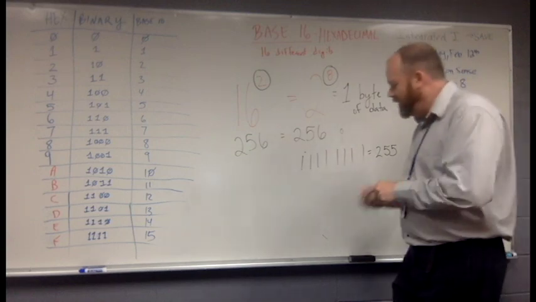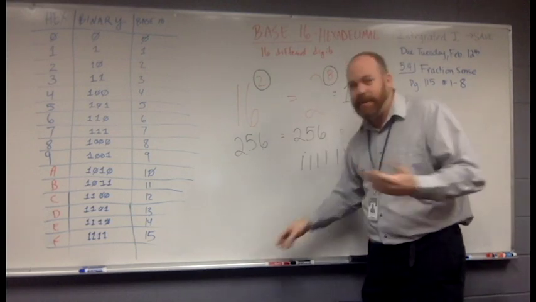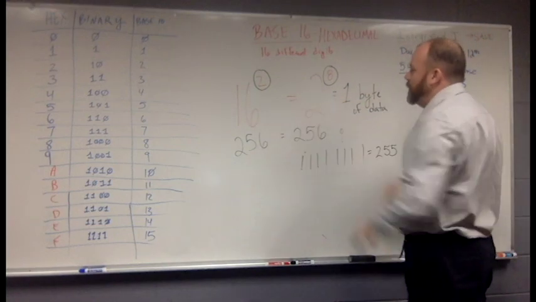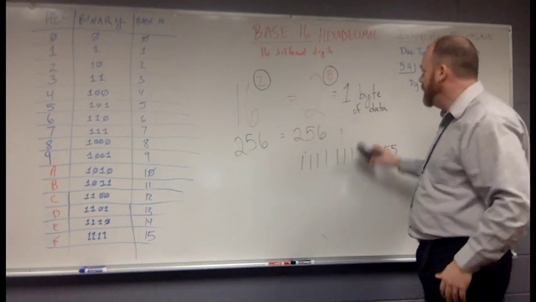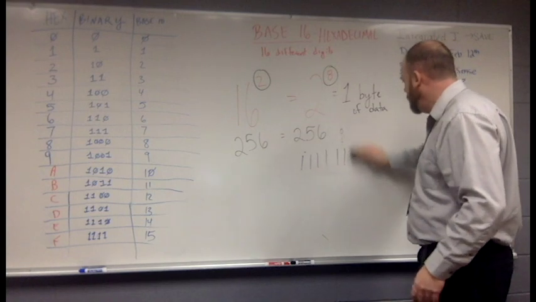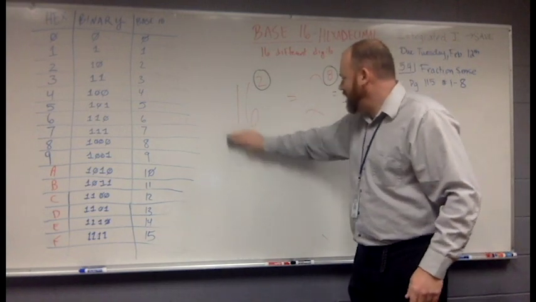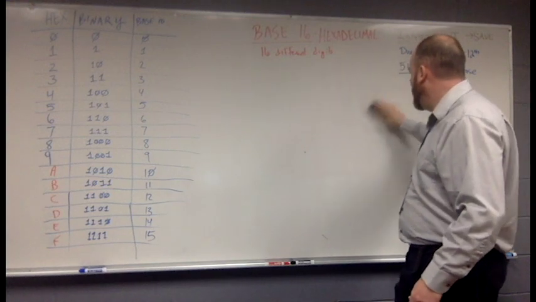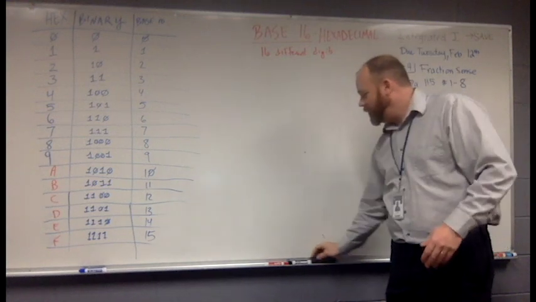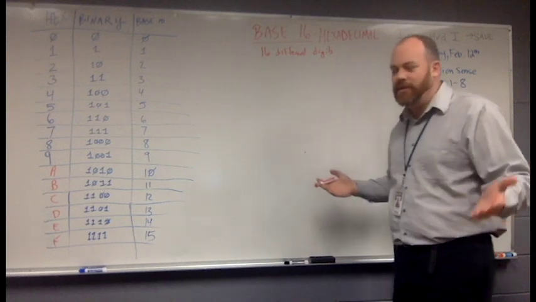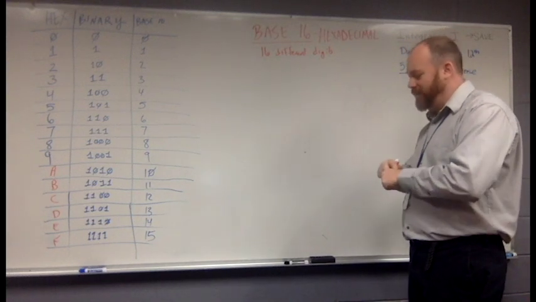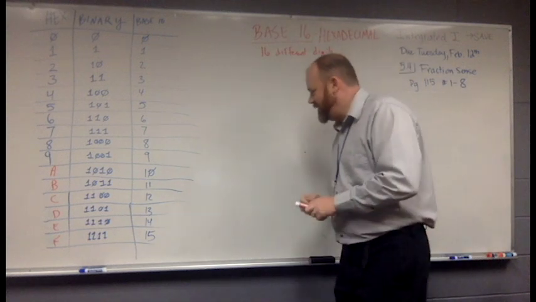So really, we don't even care that much about base 10 anymore. We care about the fact that these two are so compatible with each other that it makes a really nice system. In other words, let's just say that you are a coder and you needed to write something in binary. Why represent it with a whole bunch of zeros and ones when you can represent it with just a few digits in base 16?